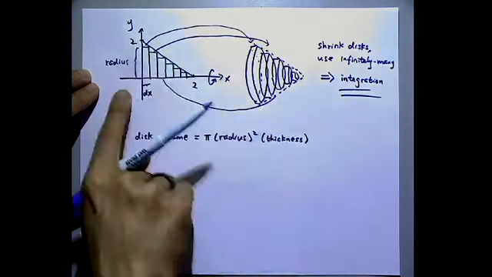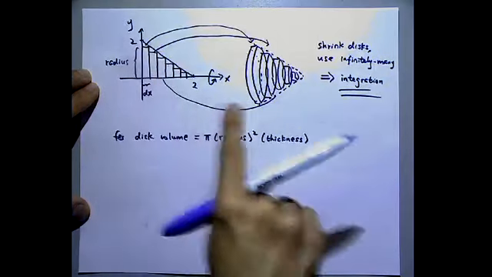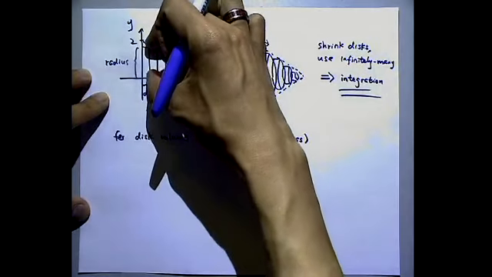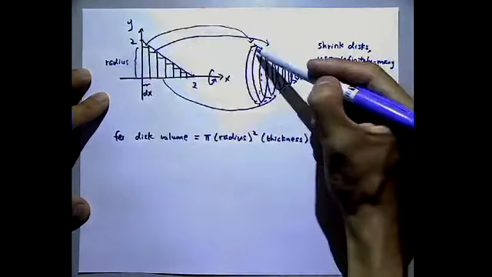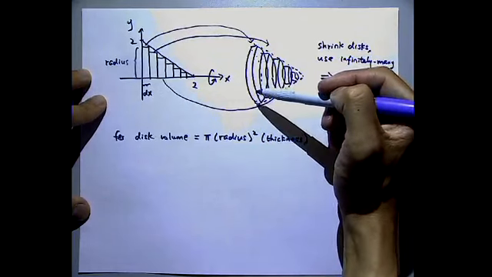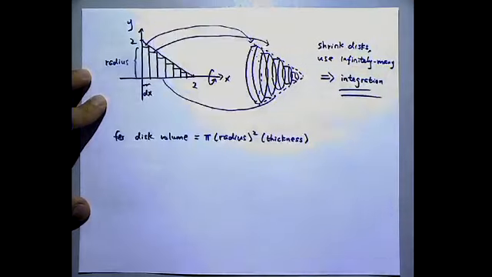And you can see from this picture here, when you revolve that, when you get a disk out of it, that means what you started with here must have been the radius of each disk. Does that make sense? The height of the rectangle is the radius of the disk.